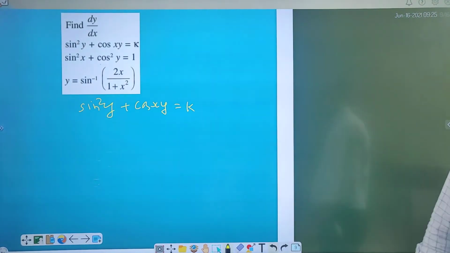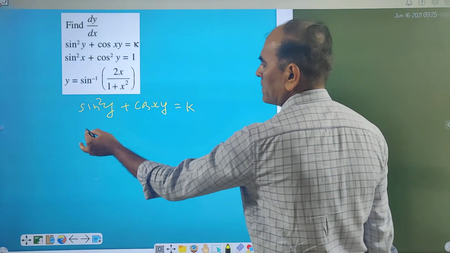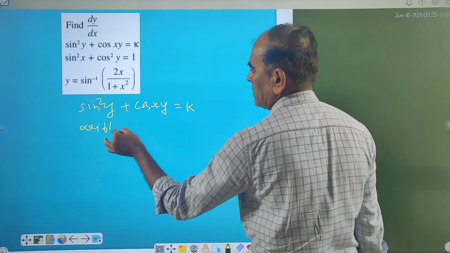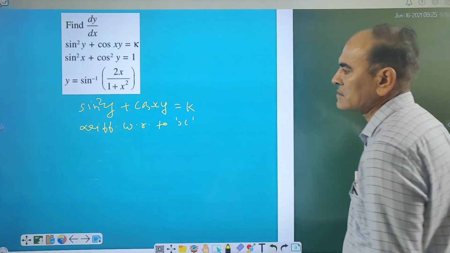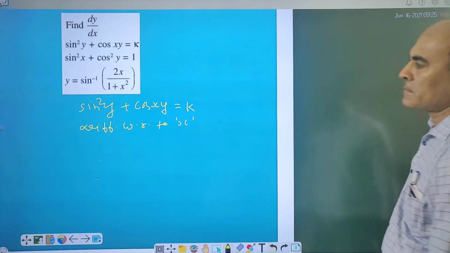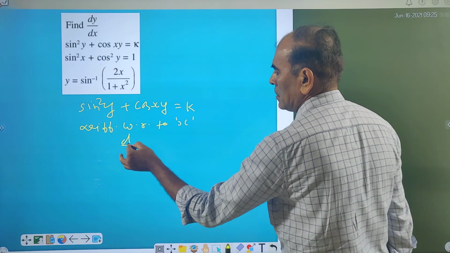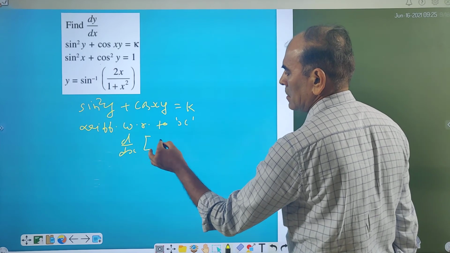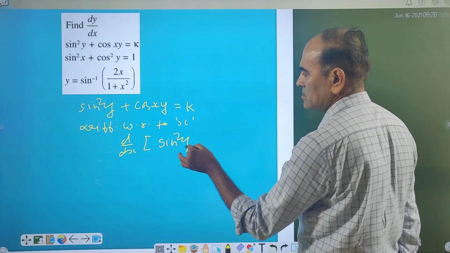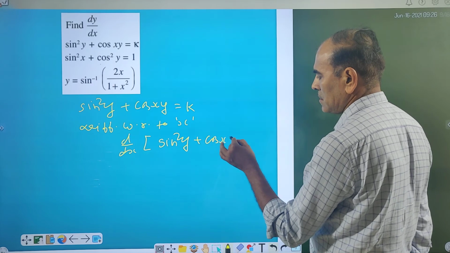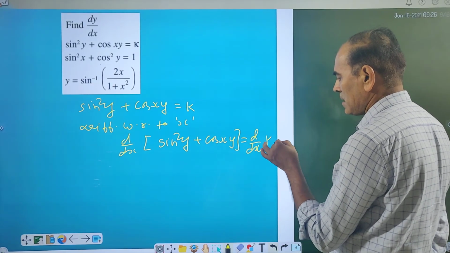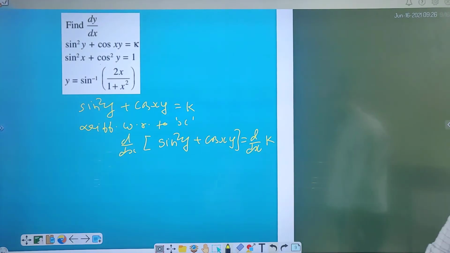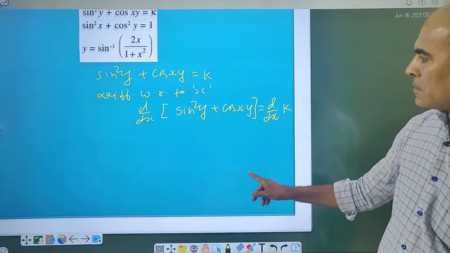No problem, differentiate it with respect to x. What will I get? D by dx of sine square y plus cos xy, and d by dx of the constant term. So what do we get here?